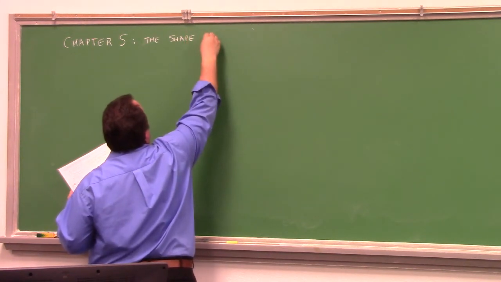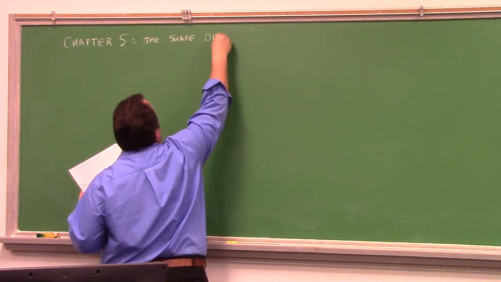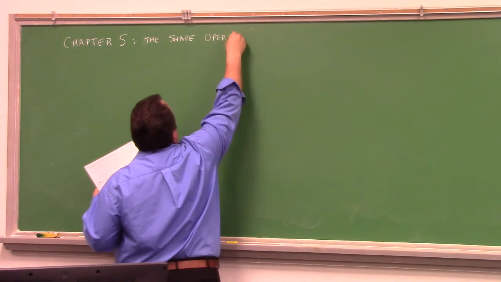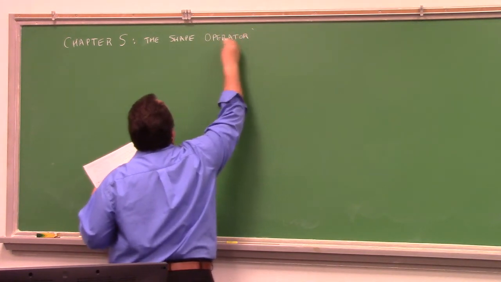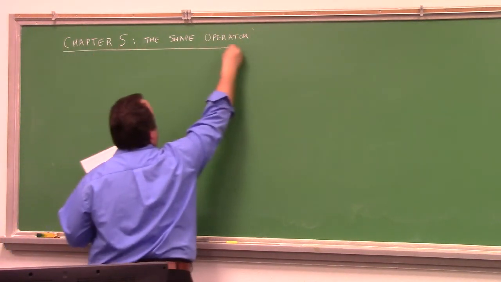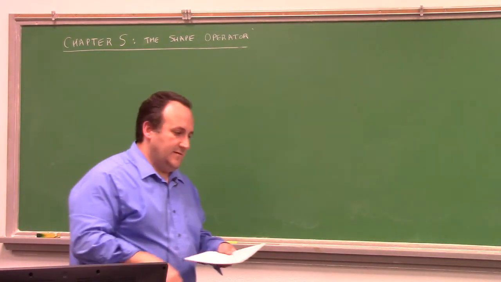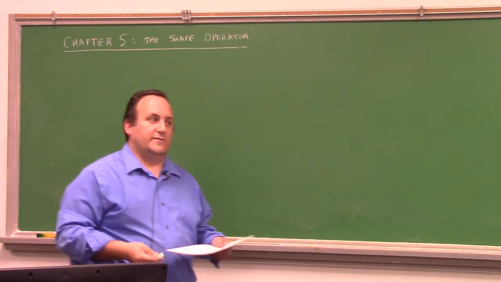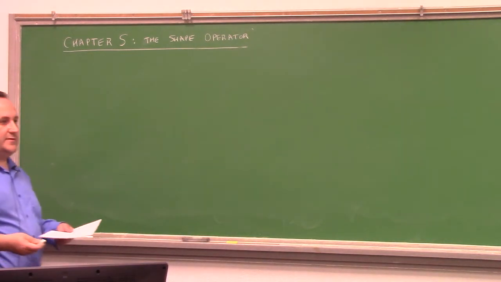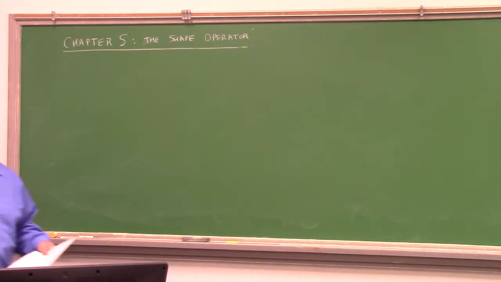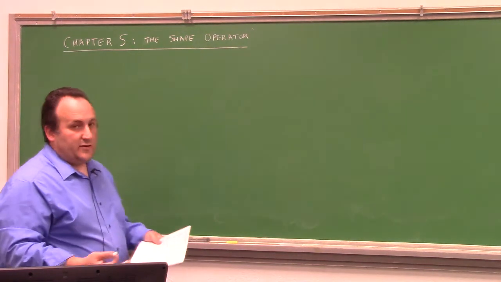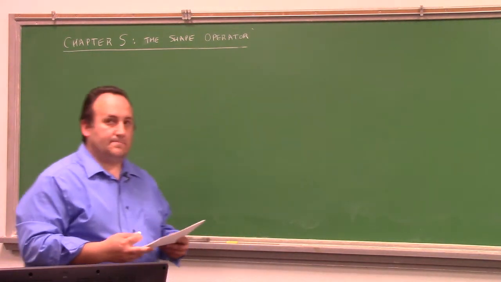It's actually more than that. The shape operator really is just something we can construct that captures the geometry of the surface. And from the shape operator, we'll learn that we can calculate the curvature of a surface or the mean curvature of a surface. All right?